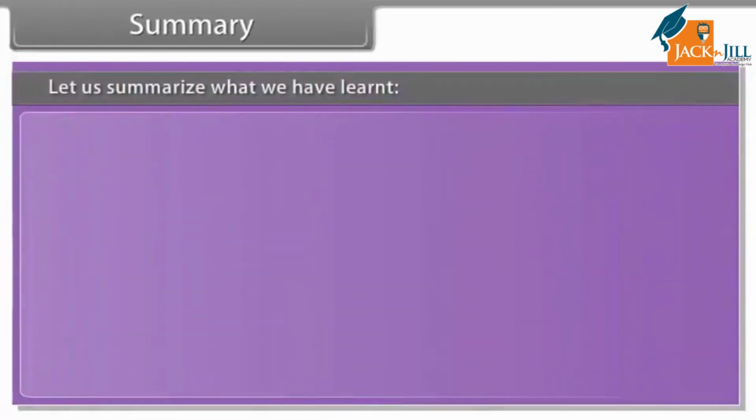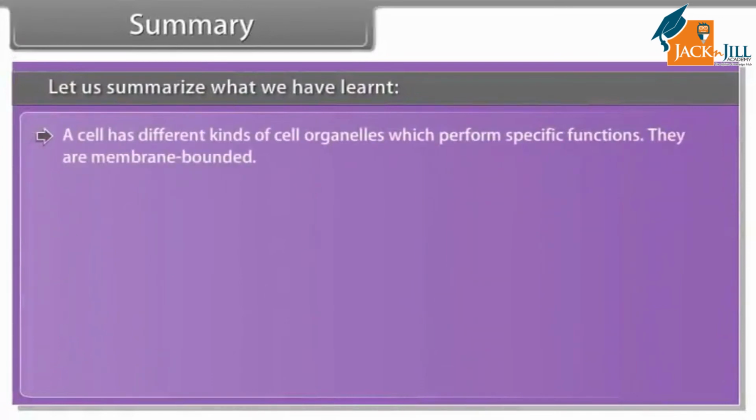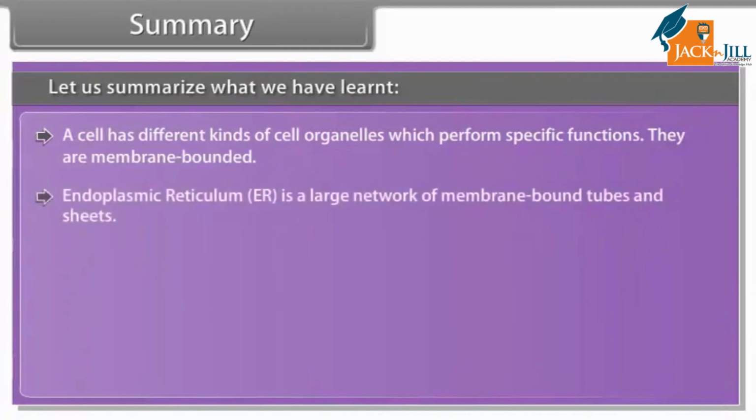Let us summarize what we have learned. A cell has different kinds of cell organelles which perform specific functions. They are membrane-bounded. Endoplasmic reticulum, ER, is a large network of membrane-bound tubes and sheets.